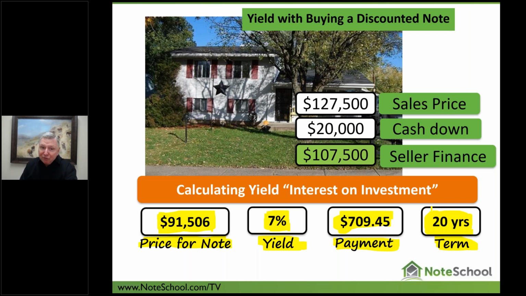So we have to buy notes at a discount, or otherwise we wouldn't be earning very much interest on our money. Sometimes you could even buy the note and earn a yield that's even lower than the note rate. Now there are some strategies, and a more advanced strategy, in how you can do that and still do it safely.